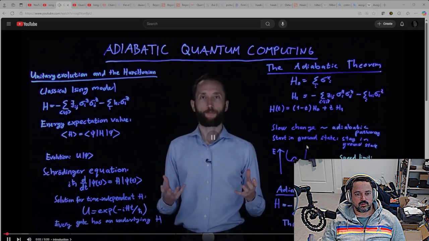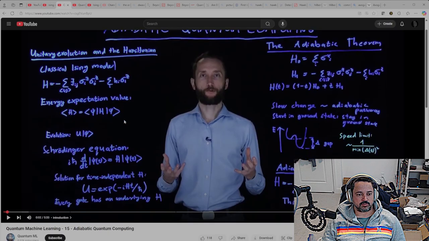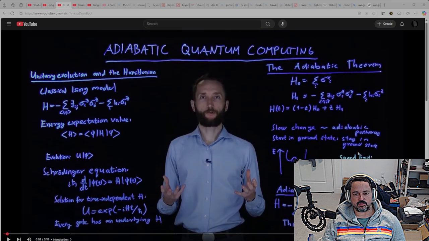We introduced the gate model. So adiabatic quantum computing: unitary evolution and Hamiltonian, classical Ising model. So this is, I think, getting you to quantum annealers. So adiabatic. Yep, so you do that, you quench it, but it says this is universal.